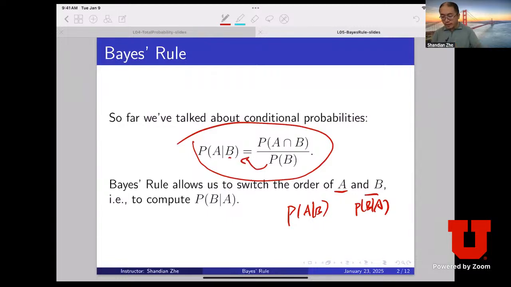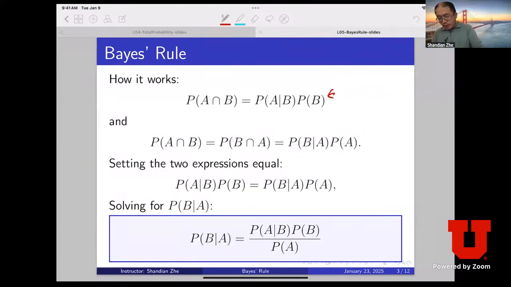Then we get that P of A intersection with B equals P of B times the conditional probability of A conditioned on B. We also know that the probability of A intersection with B is the same as the probability of B intersection with A. Why is this correct?